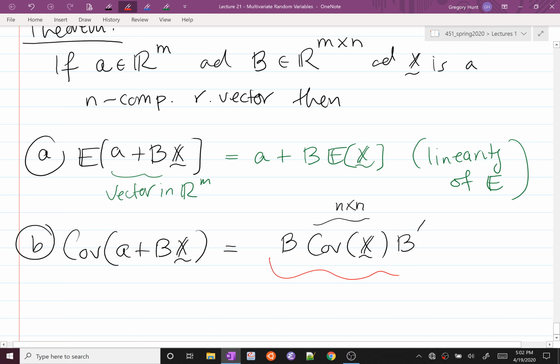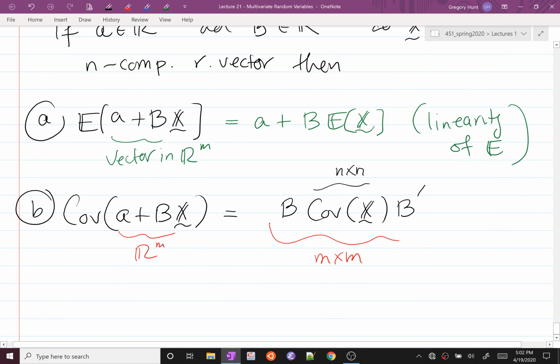That will give us an m by m matrix, which makes sense because A plus BX is an m-dimensional random vector, and so its covariance matrix would be m by m. So this is the formula: B covariance of X, B transpose.